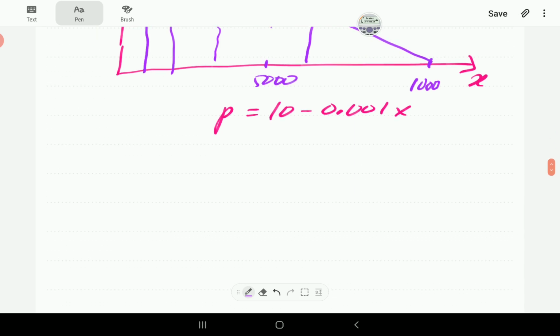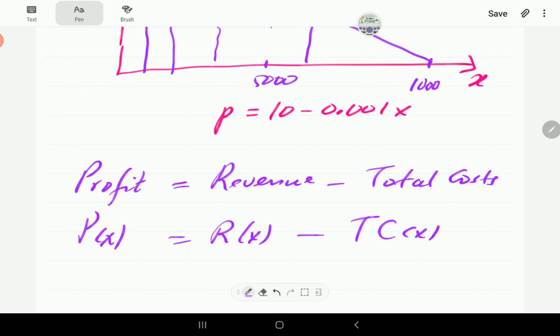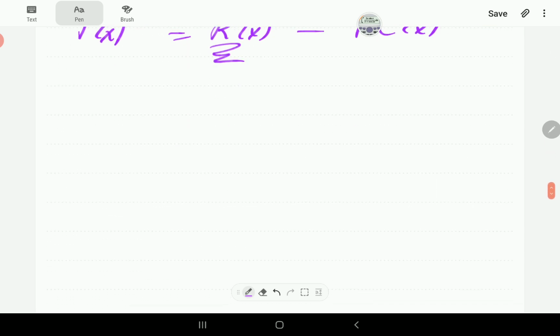Now in business we need profit, and profit is basically going to be your revenue, so that's all the incoming money, minus the total costs. We are going to abbreviate this P of X, this one R of X, this one total cost. So we're going to start with the revenue.